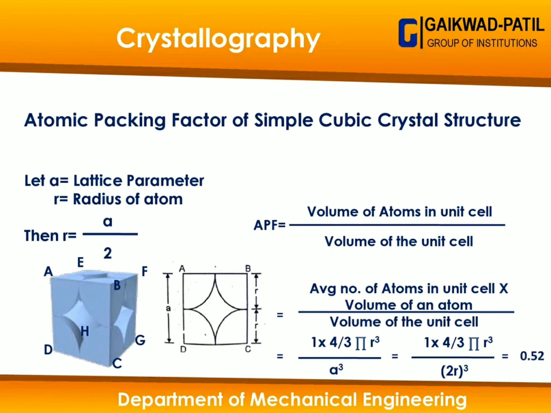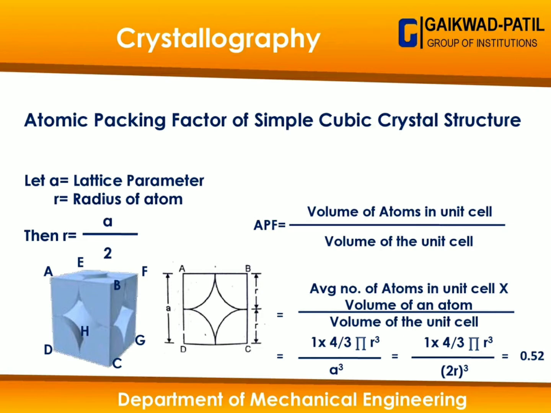When we simplify it, using the r value already calculated as a/2, we can write the formula as 1 into 4/3 pi r cube divided by (2r) whole cube. When we calculate the complete term, we come to know that the value will be 0.52. That is the atomic packing factor.